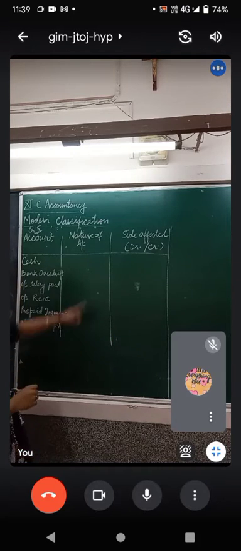Prepaid insurance is there. And the last one is Mohan, who is a proprietor. That means this is his capital funds. Now what is happening? Decreases find out करनी है सबसे पहले.